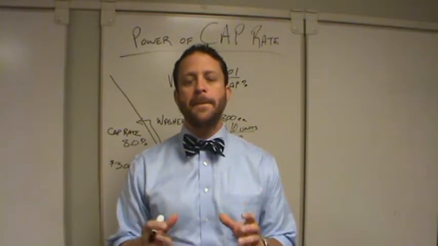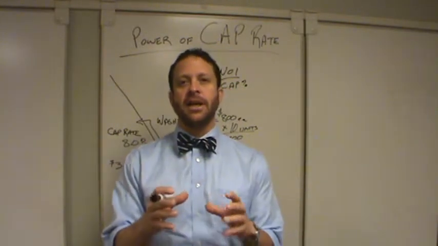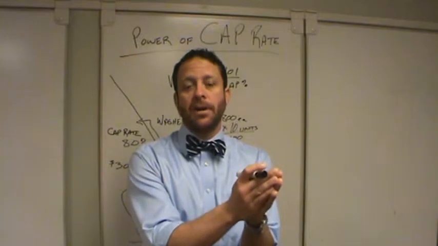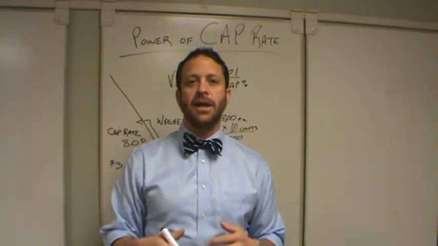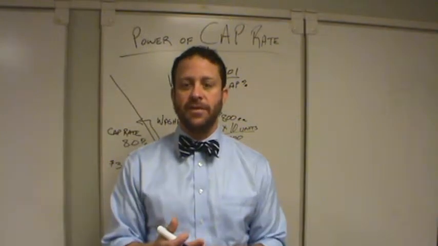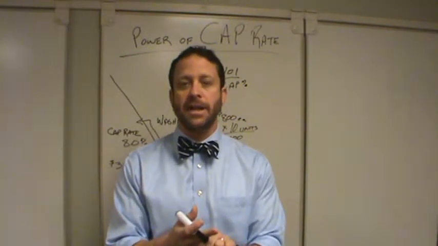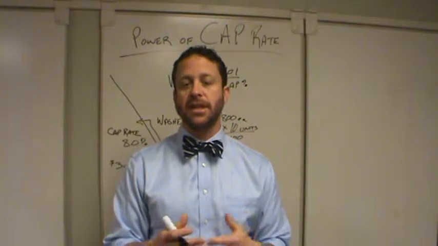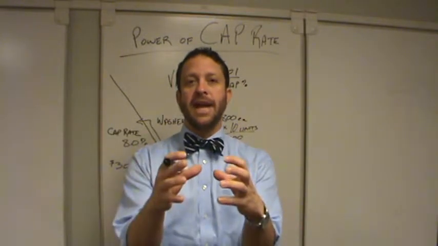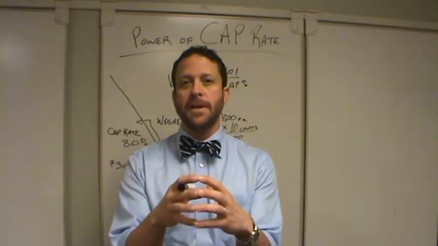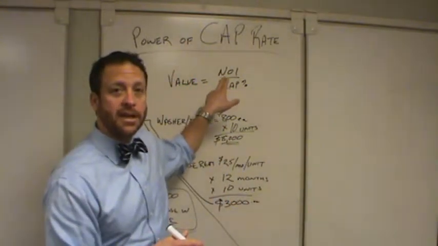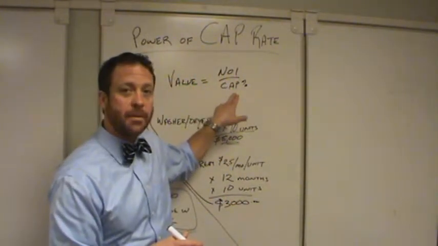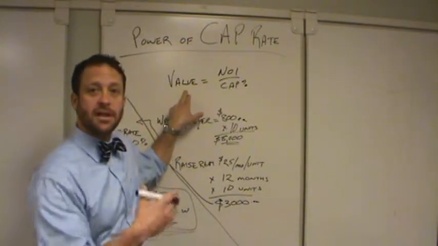So a cap rate is a calculation, and a cap rate is actually a number that's used to help us arrive at a value. You look at the value, you look at the net operating income, and there's a lot that goes into this. But as we boil it all the way down and say we know all these pieces, then if we just take the net operating income, divide it by the cap rate, that'll tell us a value.